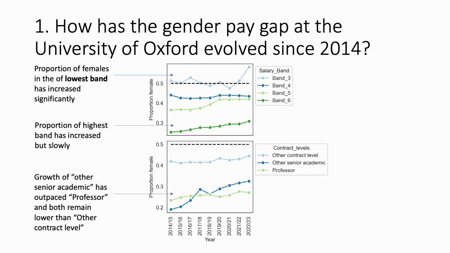One of the questions we were asked was how the gender pay gap at the University of Oxford has evolved since 2014. We thought the best way to visualize this was through line plots, and the y-axis represents the proportion of female staff. Because we plotted a proportion, we were able to present information for both women and men.